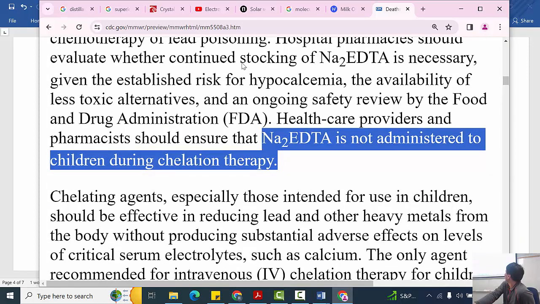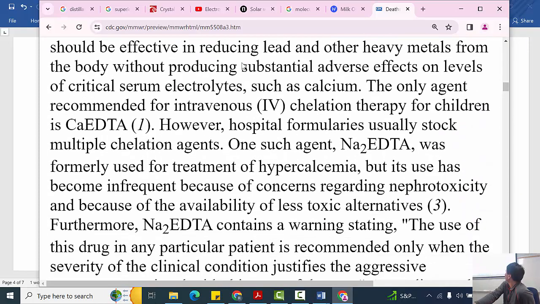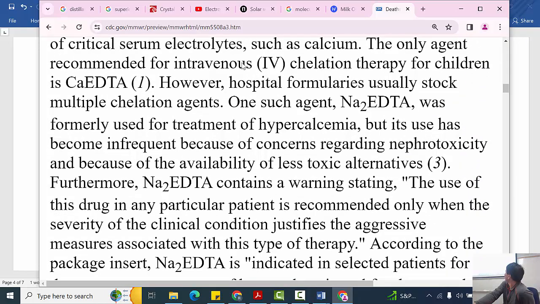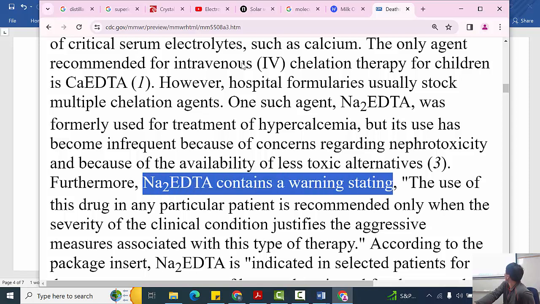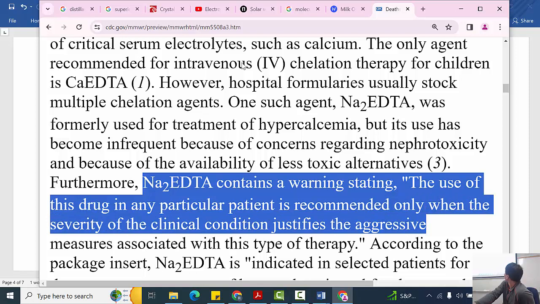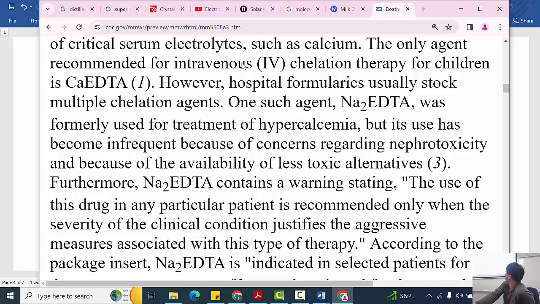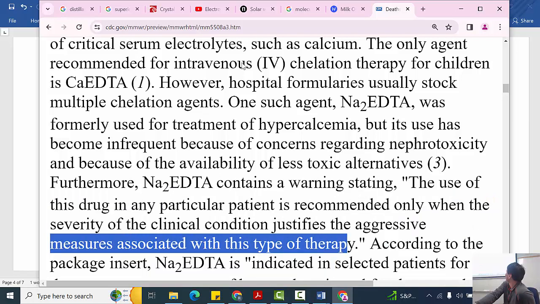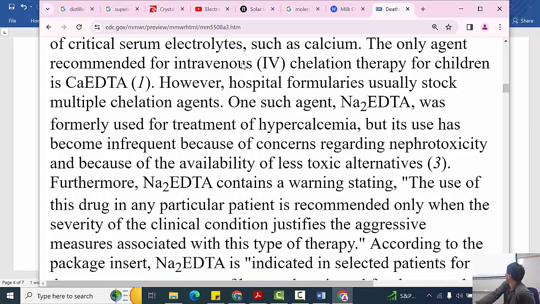It's more for acute cases, and it's for adults. Sodium EDTA contains a warning statement: the use of this drug in any particular patient is recommended only when the severity of the clinical condition justifies the aggressive measures with this type of therapy. So sodium EDTA is more aggressive.